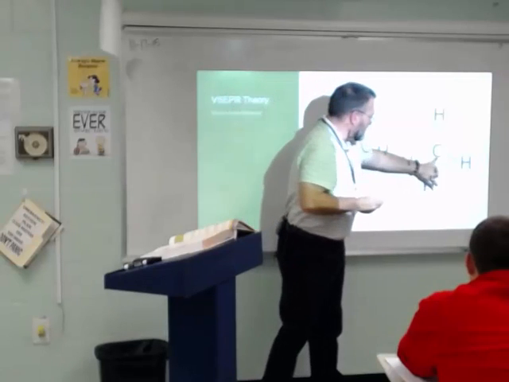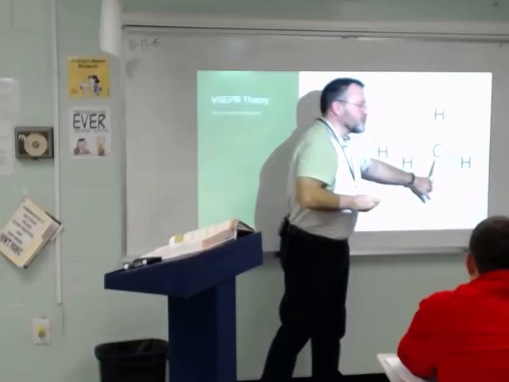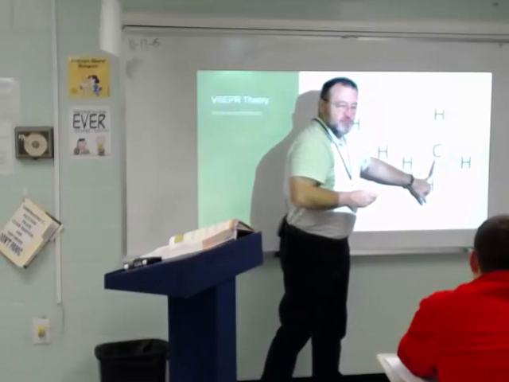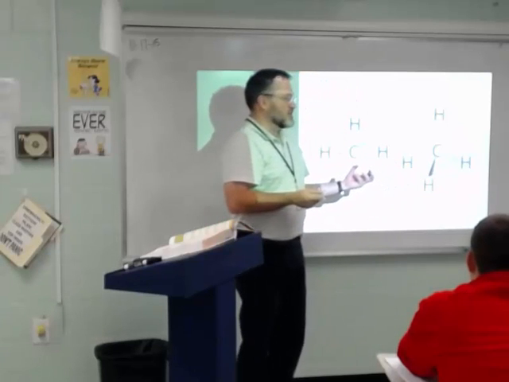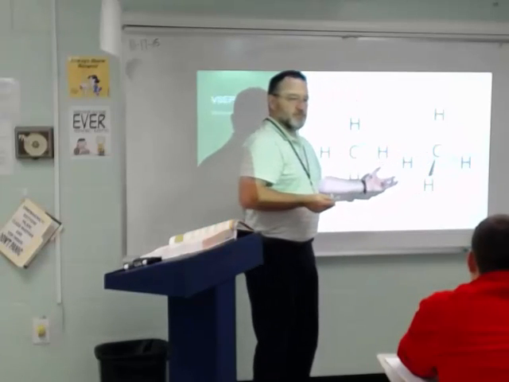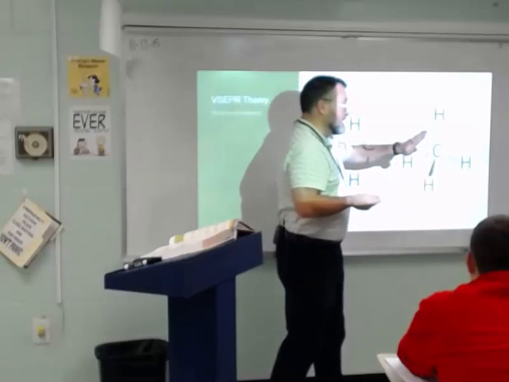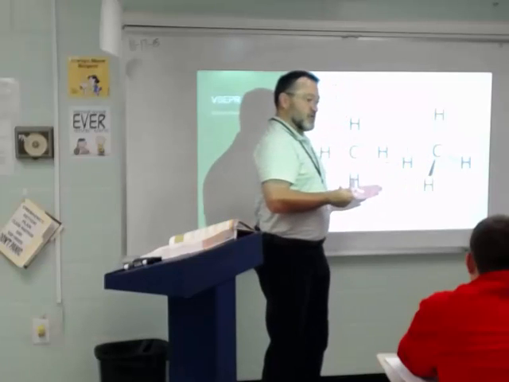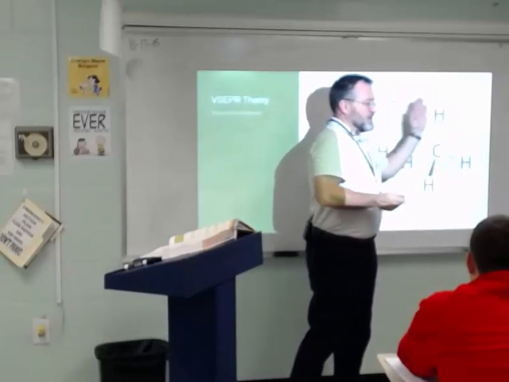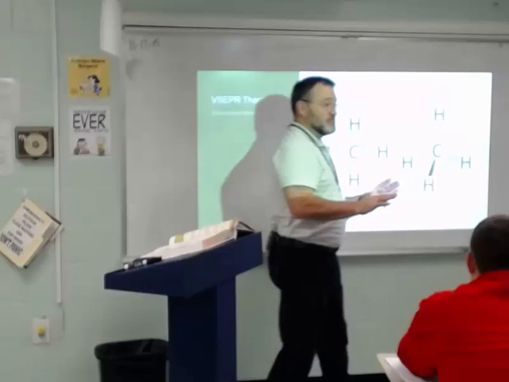We represent that one in 3 dimensions by this symbology here, this long triangle. This represents this leg coming forward out of the board, towards you. So this leg would go back into the board, this leg would come out of the board, and these two would be in the plane of the board. Do you see it?